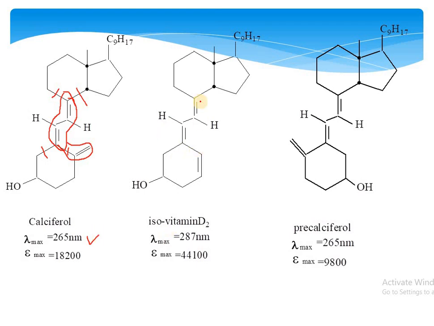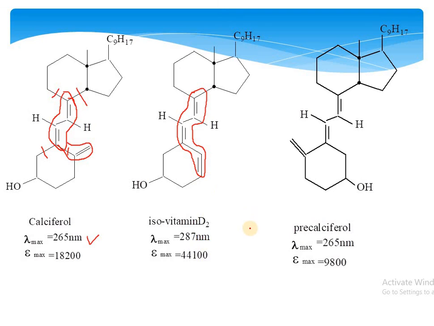And similarly in this example also, 2 more values are added. There are 3 exocyclic double bonds also present. So 15 nanometer more will be added, and I think it will come to about 65 nanometer. In this case, the basic system is this, but the double bond is extending conjugation, so this will be our system.